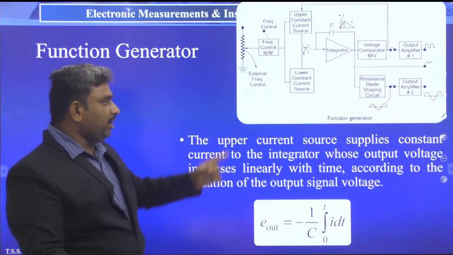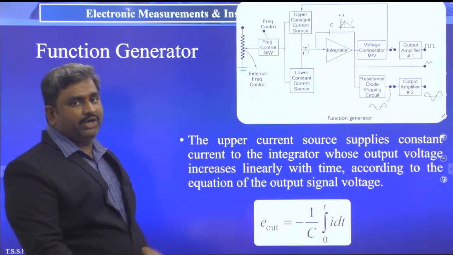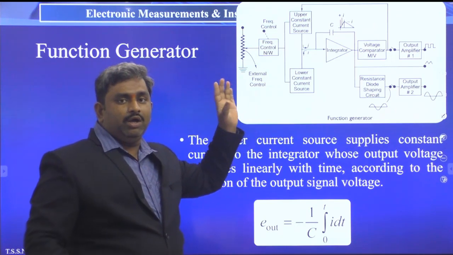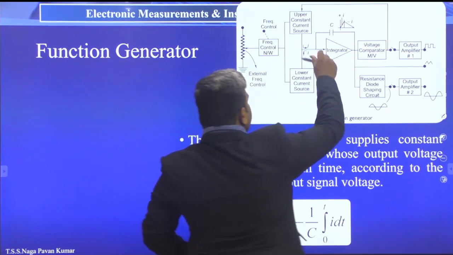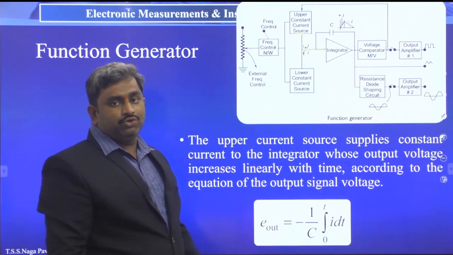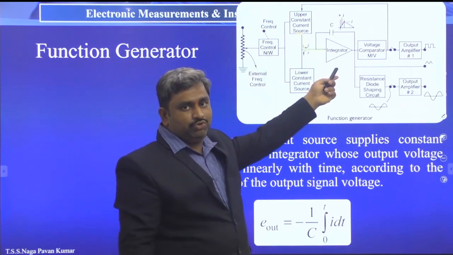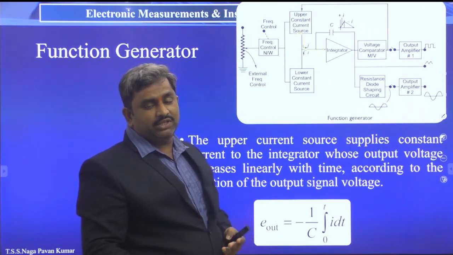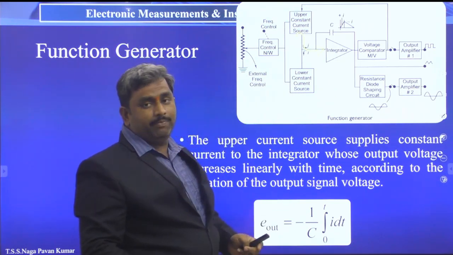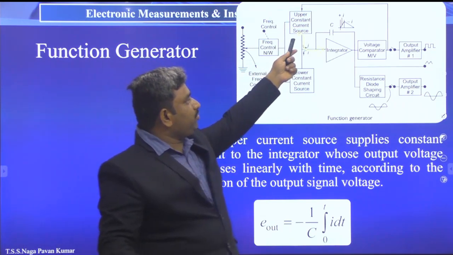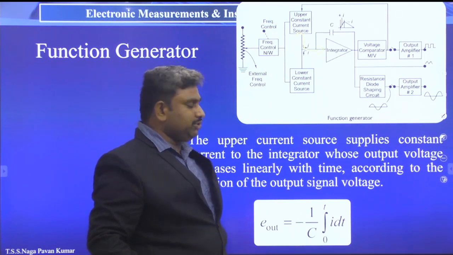The upper constant current source supplies constant current to the integrator. If it is sending the positive current, the lower constant current source gives the reverse current, so the upper current source is opposite to the lower constant current source.